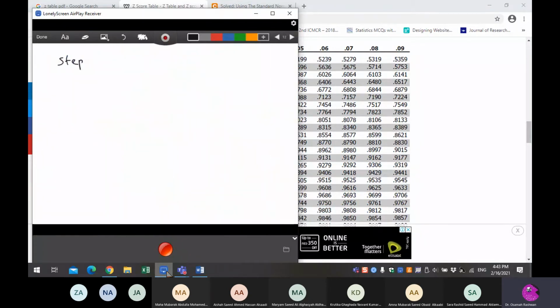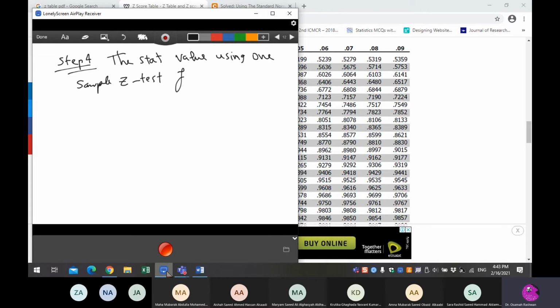So we'll go for step 4. What are we going to do? The stat value using the one-sample Z test formula. So what is the Z formula? Yes, I remember this one.